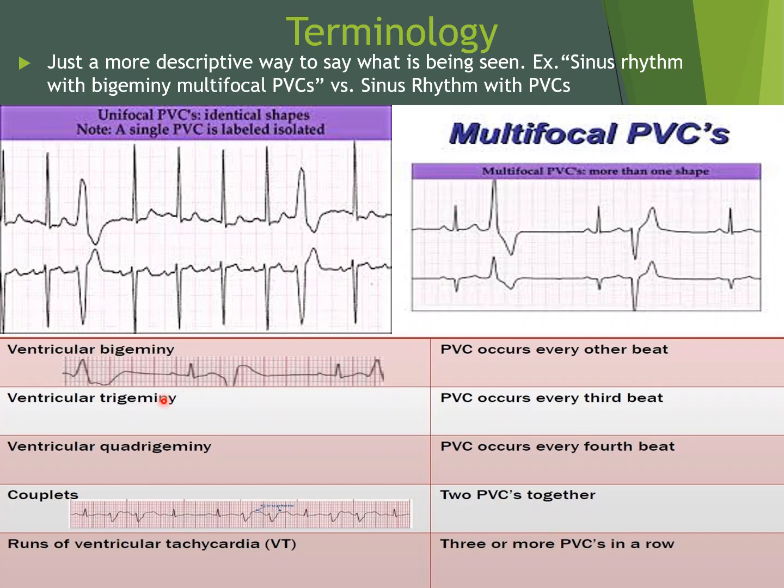If you're having a PVC every second beat, that can be referred to as a bigeminy. Every third beat is a trigeminy, and every fourth beat is a quadgeminy. If you have two PVCs together, this is referred to as a couplet, and 3 or more PVCs in a row is considered a run of VTAC.